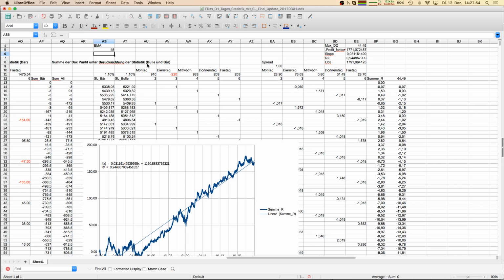So to summarize that kind of trading setup, what we do in order to decide about our trades: in the morning at 8 a.m., we compare the open of the day with the EMA of the previous day, with a period of 40.